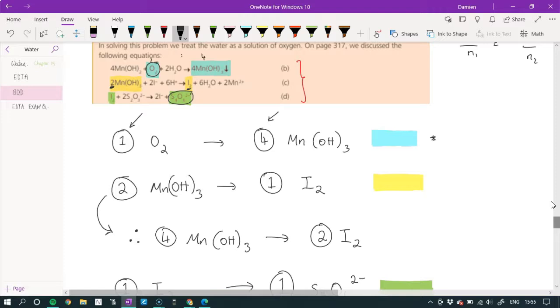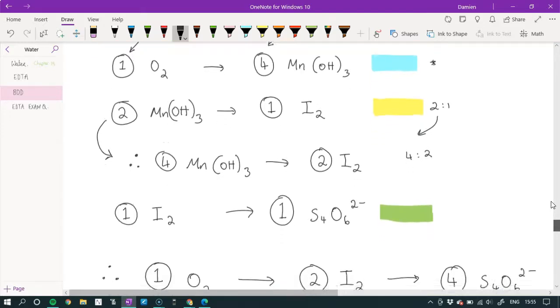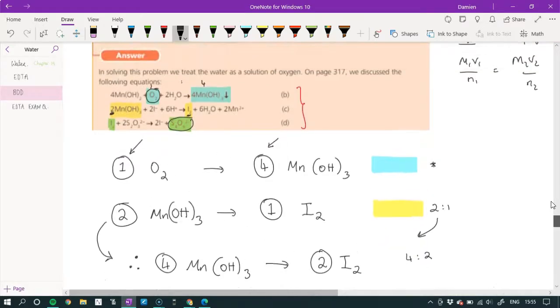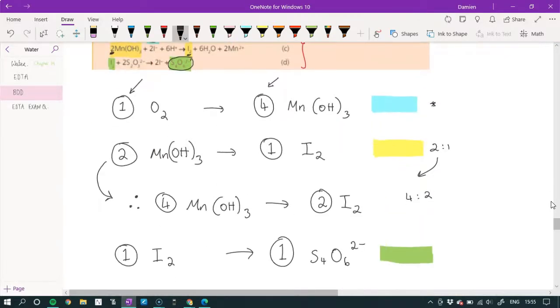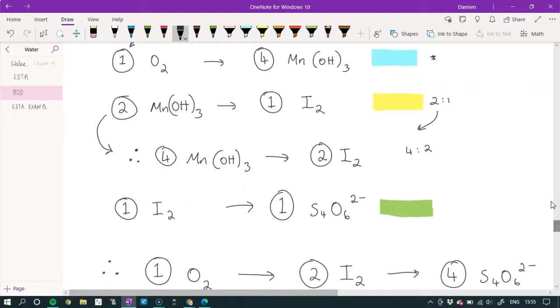There's no coefficient there. Now, that's coloured in yellow. So if 2 produces 1 here, then that means that 4 will produce 2. So basic ratio and proportion. And then in green, for the last one, we can see that 1 iodine molecule will produce 1 S4O6 molecule. So I have that written there in green.